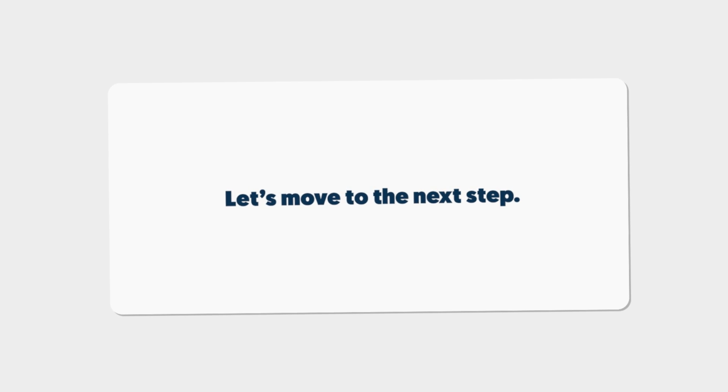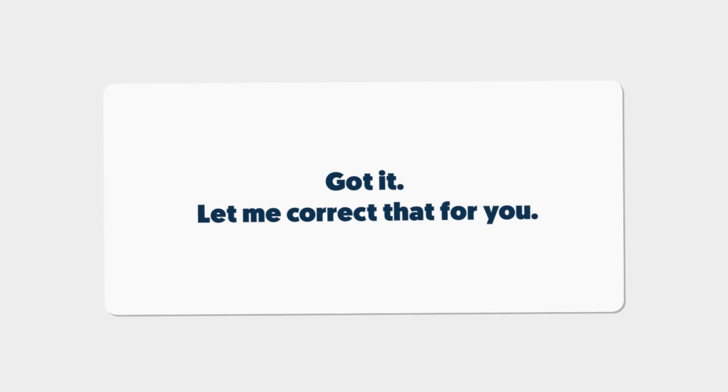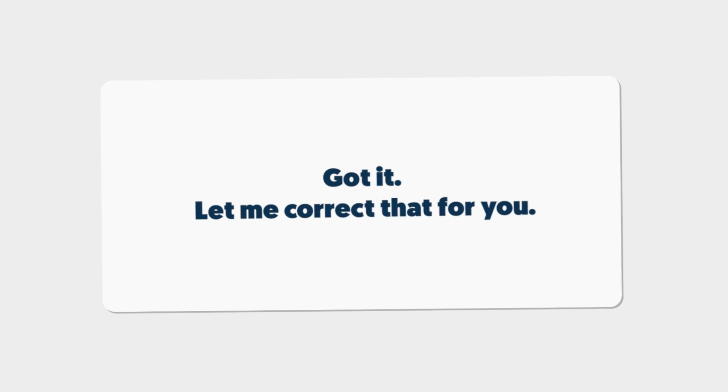Now, if we want to say something very quick and simple, maybe we're in a long process and there are many, many little steps and pieces in that process, and we want to just say, I understand, instead of saying, I understand the issue better now, which is a little formal, we might simply say, got it. Got it. Let me correct that for you. Right? We're going through a form together. I wrote something down incorrectly.